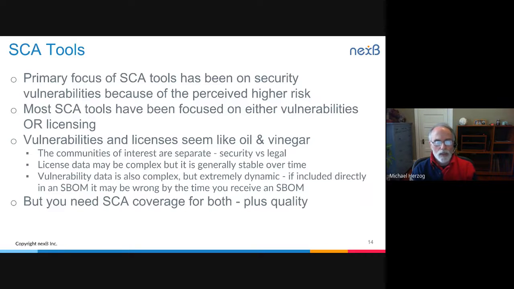If you get an SBOM and it has vulnerability data in it, and you get that BOM today, it's pretty likely that data is out of date by next week, depending on the nature of the software you use. It may be that a vulnerability that was reported to you has been fixed, so it still exists in your software, but there's a fix for it. It may be that something that did not have a vulnerability when you received the SBOM now has one.